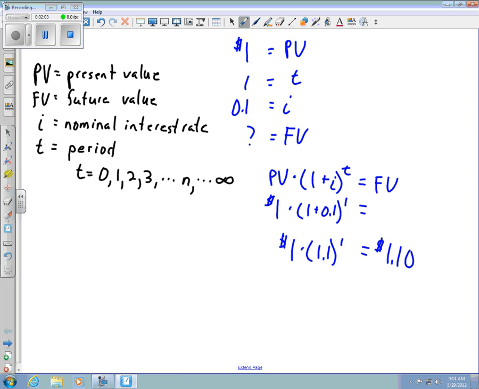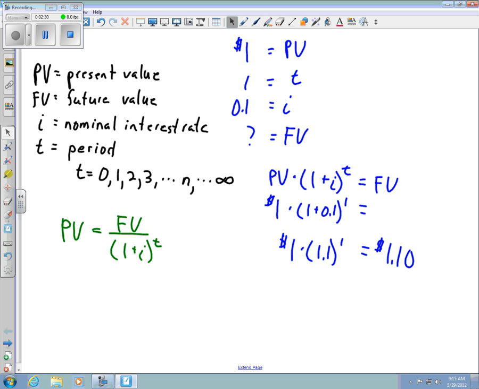So if we put $1 in the bank, earning 10% for 1 year, at the end of the year we'd have $1.10. We can reverse that process, say we know a future value of something. So what is the present value of some future payment? That's 1 plus i taken to the time period that we're looking at in terms of its future.